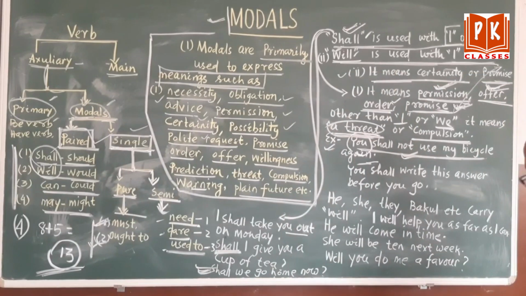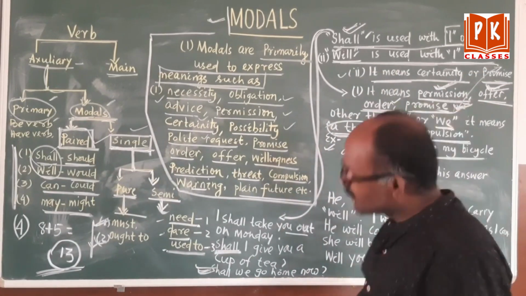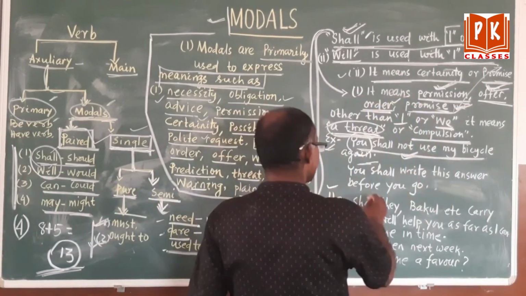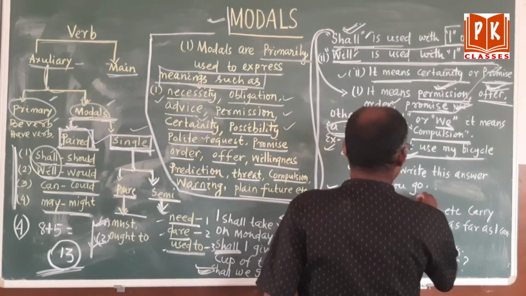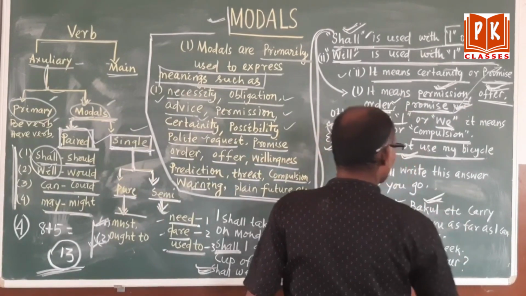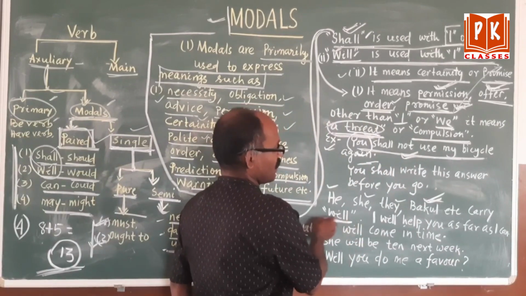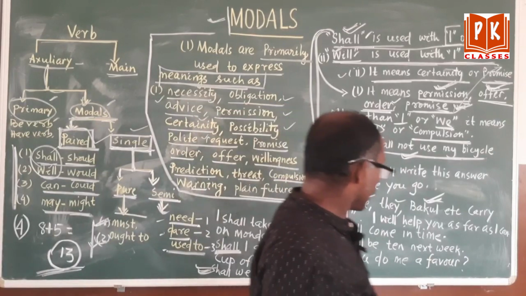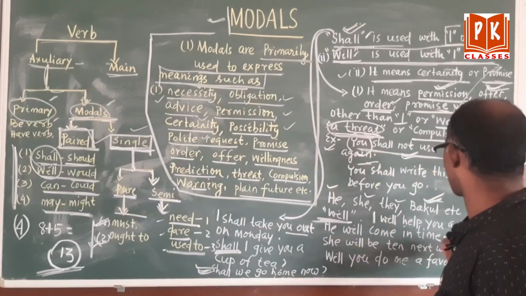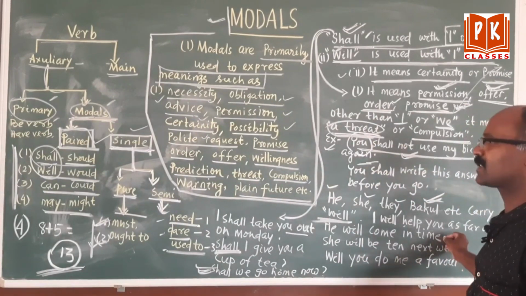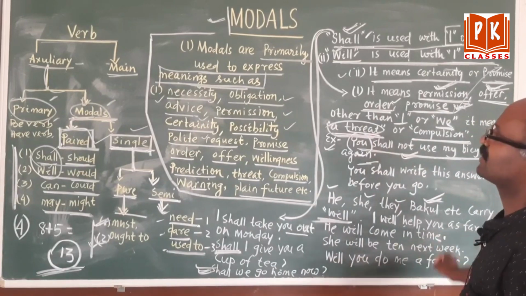Okay? And again, please remember, he, she, they, name, any name, Bakul, always carry will. Here, he will come in time. General sense. You can say it is in general sense.